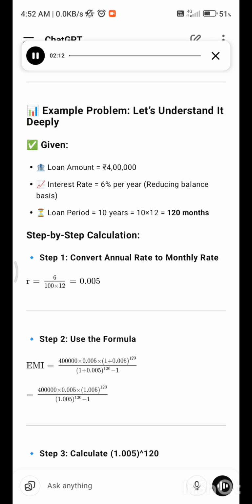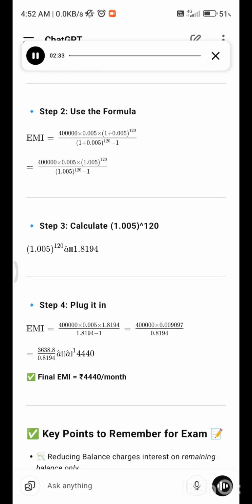Step 2. Use the formula: EMI equals P times 0.005 times (1 plus 0.005) to the power 120, divided by (1 plus 0.005) to the power 120 minus 1. Step 3. Calculate 1.005 to the power 120, which is about 1.8194.